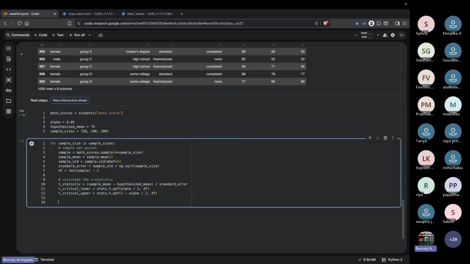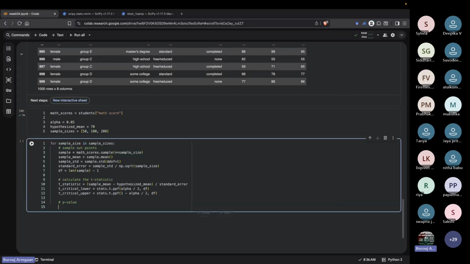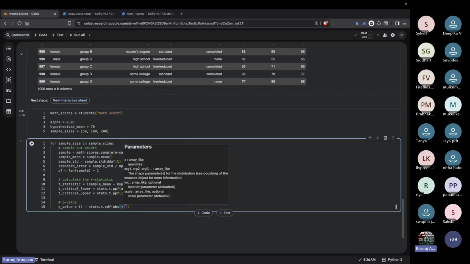Now we have to make a decision. Based on this t statistic, we will calculate a p-value. Our p-value will be similar to what we used to do with the z-stat. We will say 1 minus the stats dot t dot cdf of the absolute value of my t statistic. And again, we have to pass the degree of freedom as the degree of freedom.